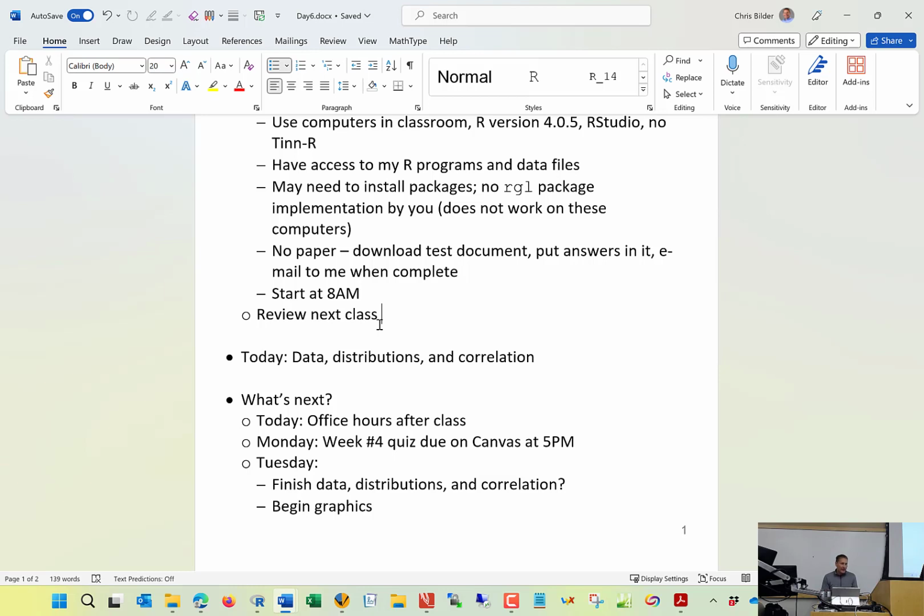But what I've found is that that's usually not the case. Many of you are coming from quite a few different majors, and so you're going to have different experiences. And so I found it works best to do this intro part first. Okay, so today we'll probably finish the data distributions and correlations section.